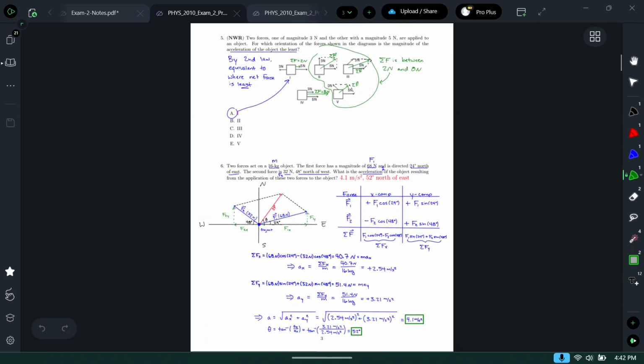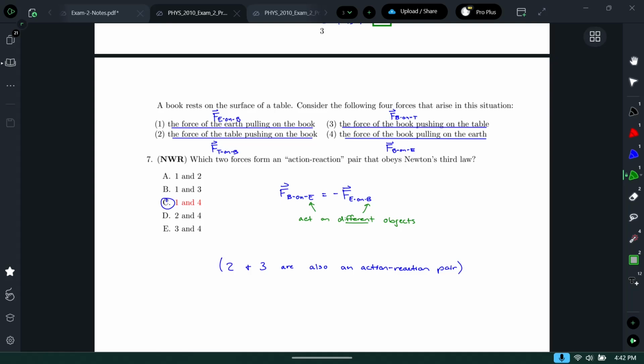Question number 7. So Newton's third law is the one that says if you have a force that object A exerts on object B, B exerts a force back on object A of equal size, but in the opposite direction. How you recognize those pairs of forces is A acts on B, B acts on A. That is always the action-reaction pair.